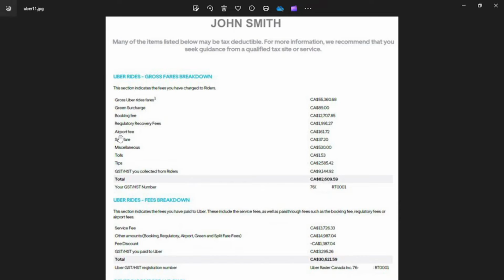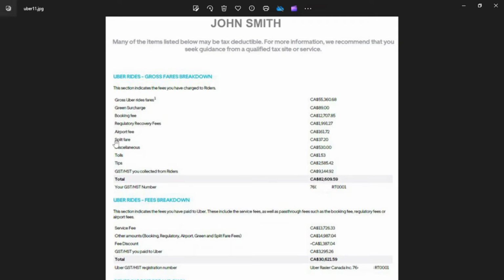So let's say in Toronto, at Pearson Airport, Uber and Pearson Airport have some kind of an agreement in which Uber has to pay a certain amount of fee to the airport administration for letting Uber's driver pick up and drop passengers at the airport. Uber is going to collect this amount from the passenger. So the passenger is going to pay it on behalf of the driver. Uber will collect it and give it to the driver.